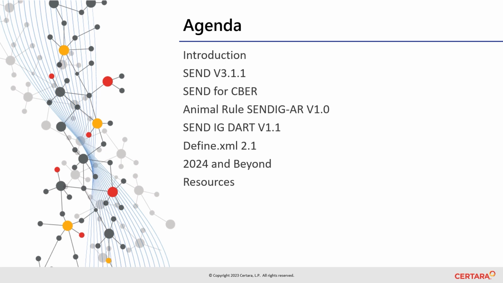These changes include a new version of SEND, version 3.1.1, the introduction of the requirements for SEND for submissions to CBER, expansion of the requirements for the SENDIG-AR version 1.0 for animal rule, the introduction of the requirements for SENDIG version 1.1 for developmental and reproductive toxicology or DART studies, and the requirement for the new version of the Define.xml standard version 2.1. We'll end the session by taking a look at what lies ahead for next year and beyond for SEND, as major additional changes are on the horizon with SEND version 4.0, the next major release for SEND.